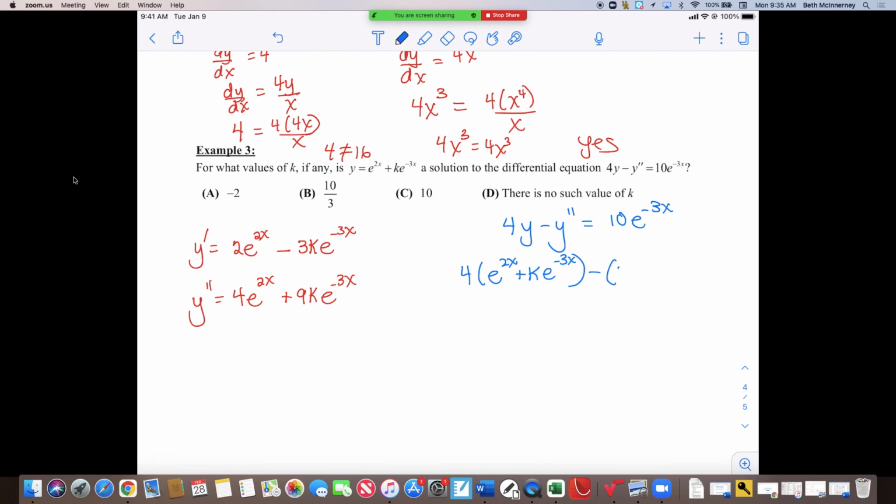Be careful to distribute. So my 4e to the 2x cancels.